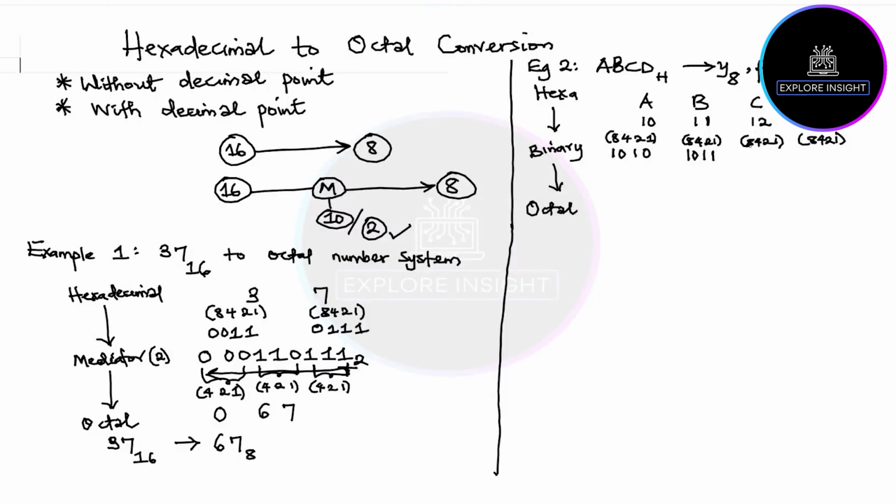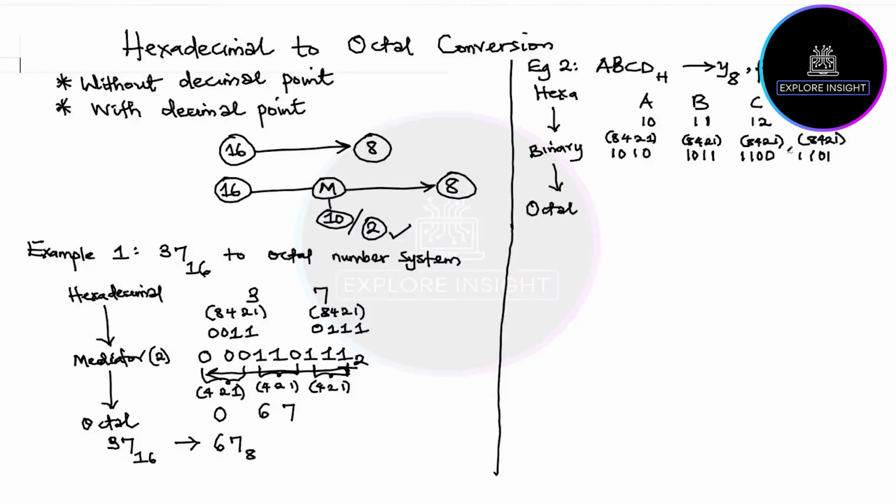The summation of 8 and 4 will give us 12. So 2 and 1 will be turned off. Then the next thing we have is 13. 13 is 8, 4, and 1. So 8, 4, and 1 will be turned on, while 2 will be turned off. So pretty easy to convert hexadecimal to binary.